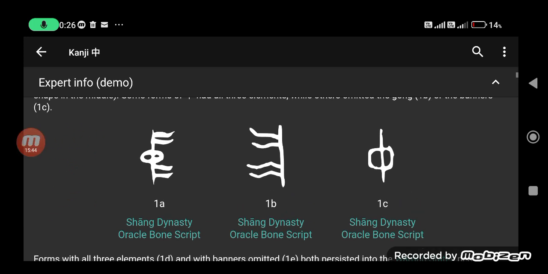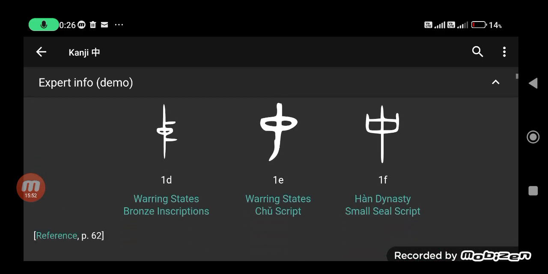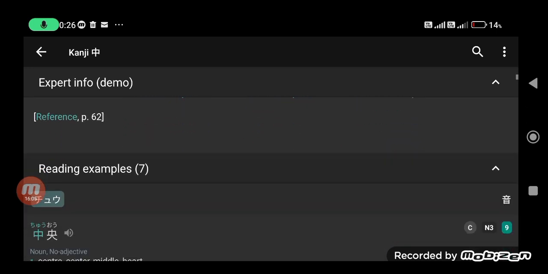During the Shang Dynasty, it was drawn like here, and then it evolved until the Han Dynasty. In the Han Dynasty, it is now written like this, very close to modern times. So that's the last part of the transformation.